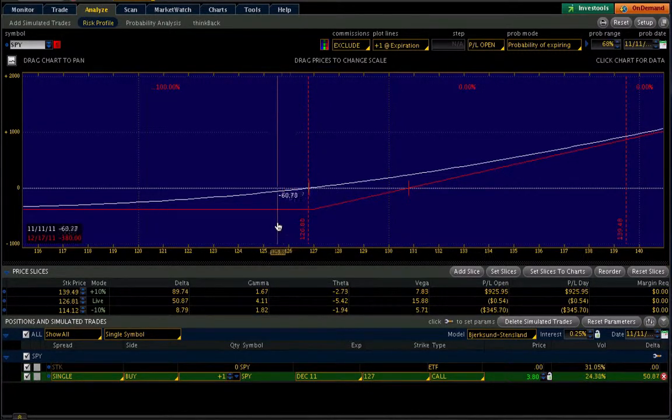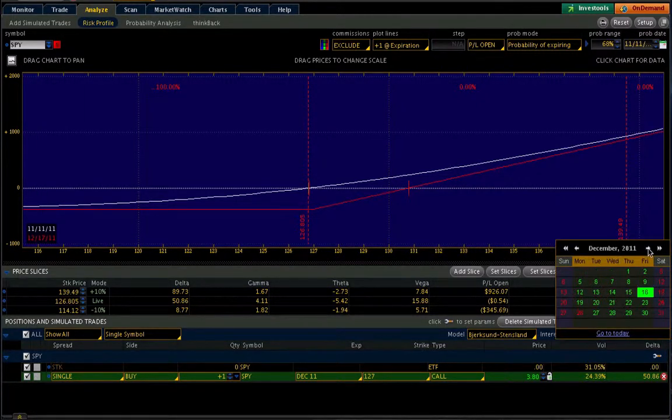Now this red line is your expiration line. Your white line is what it is currently doing right now. Down here you'll see 11:11, that is today. 12:17, that's when the option will expire.